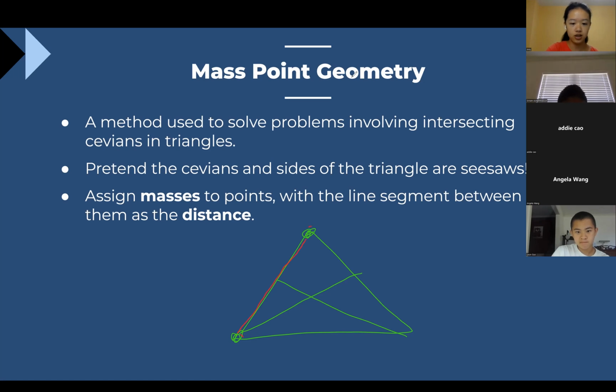So these are the weights, this is the fulcrum of the seesaw, and the lines on each side over here and over here are the distances. Then you just treat it like a seesaw problem and do that balancing thing where you assume it's balanced and then you solve for the unknown variable that way.